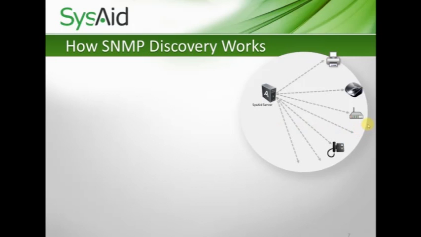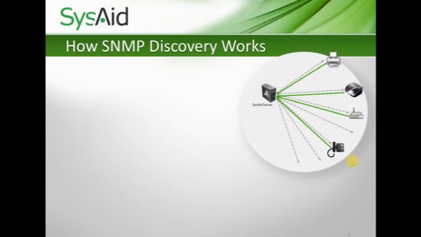The ones that are discoverable, the ones that respond, will return information back to the SysAid server. The ones that don't, or IP addresses that are not used by a device, it will just hit a brick wall. It will not get any information back. It will only get information back from the SNMP devices.